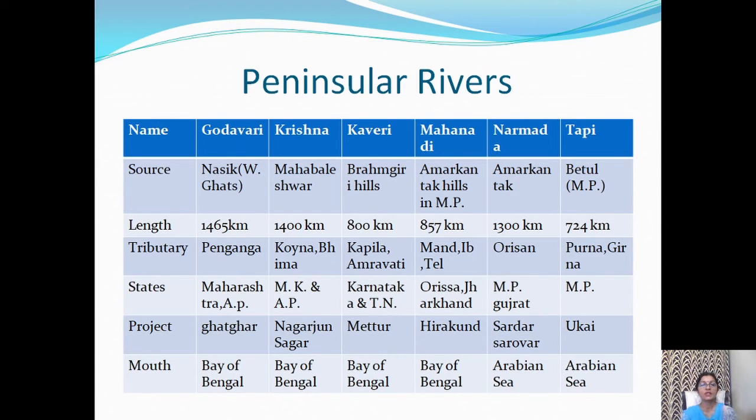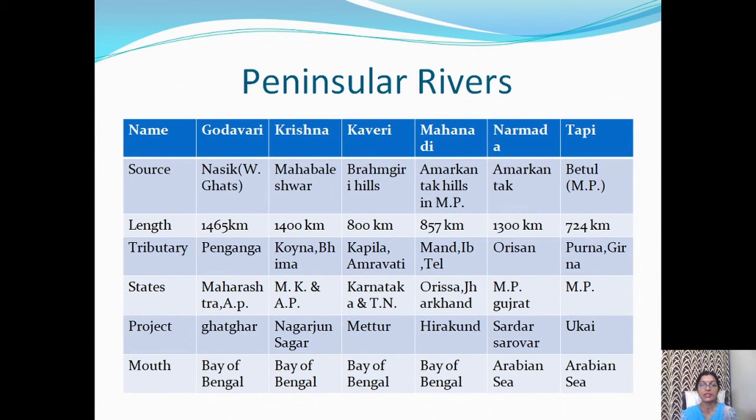While observing this table, you will see that two rivers, Narmada and Tapi, drain their water in the Arabian Sea, and the rest of the rivers in the Bay of Bengal. Narmada and Tapi are two west-flowing rivers, and Godavari, Krishna, Kaveri, Mahanadi are east-flowing rivers.